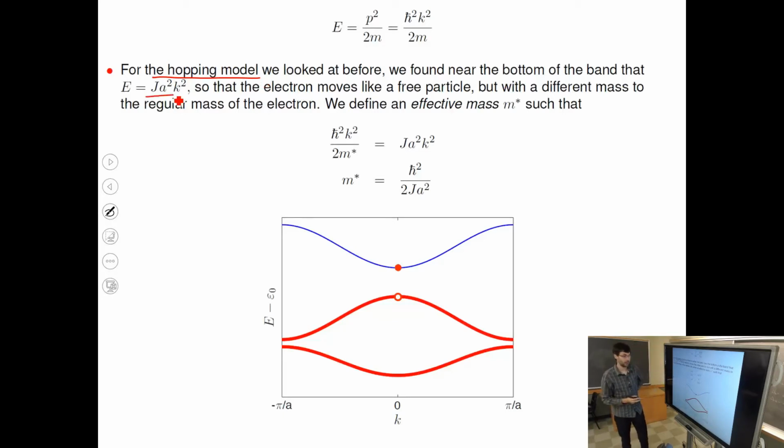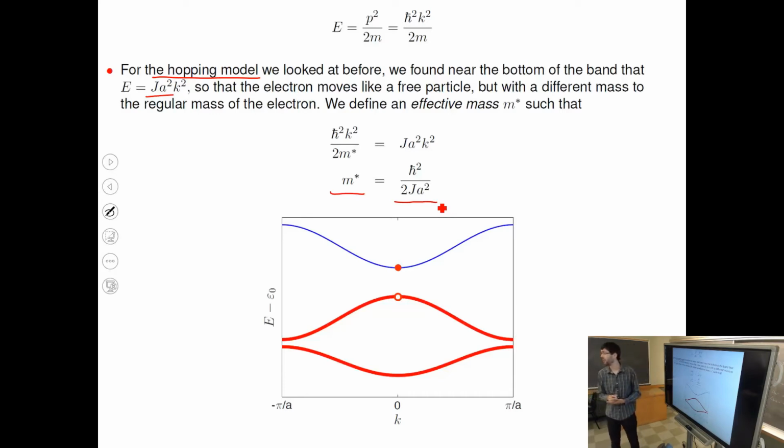And then that corresponds to the effective mass being h bar squared divided by 2JA squared. So in terms of the parameters of the tight binding model, effective mass depends on the hopping and on the lattice constant.